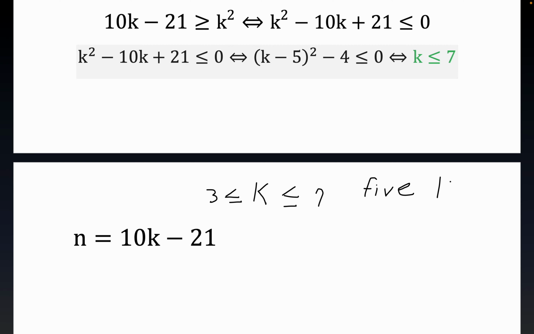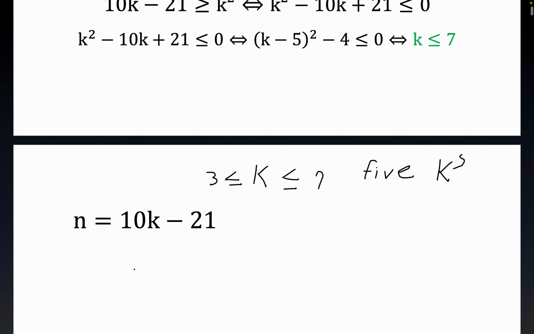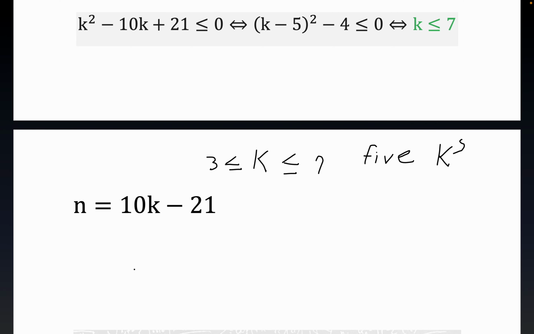Okay. So there's 5 k's. Now, let's just go through the possibilities here. K equals 3 gives us what? N equal to 9.